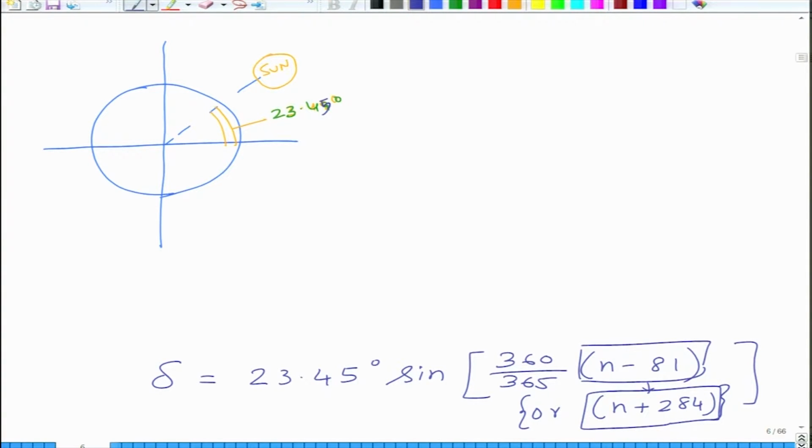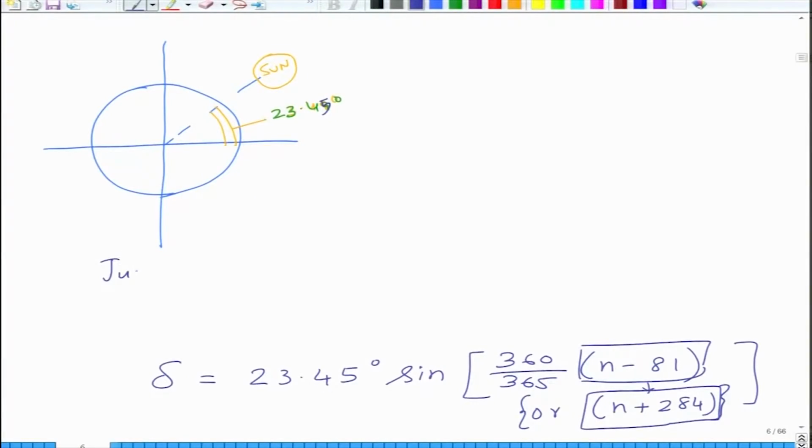So the declination angle is basically the angle made by joining the center of the sun and the earth with its projection on the equatorial plane. When you look at the summer solstice, this is the angle between the sunbeam and the equatorial plane. So this is 23.45 degrees, the maximum it can achieve.